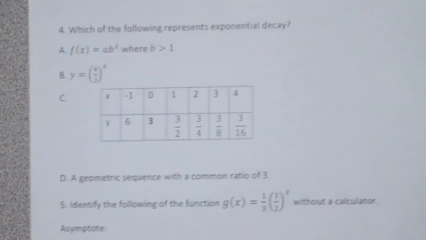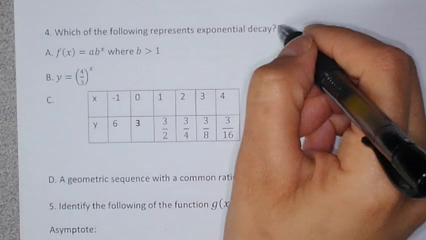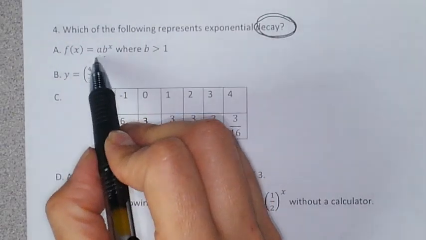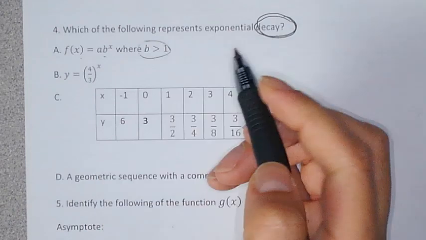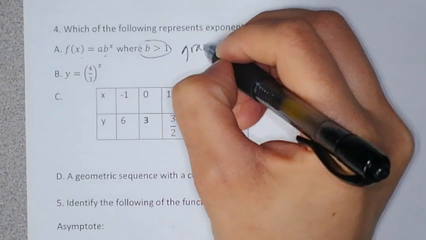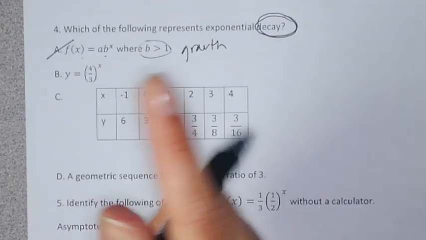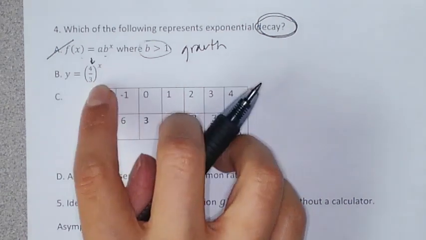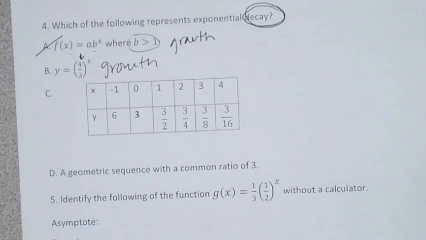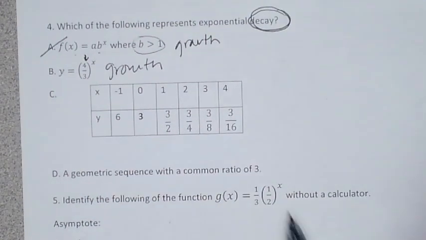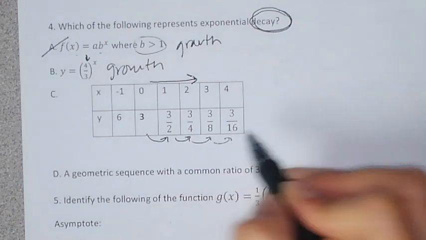Alright, for number 4, which of the following represents? Here it tells me a times b to the x, where b is greater than 1. We know what this is, so definitely not A. Does it increase, or is it decreasing?